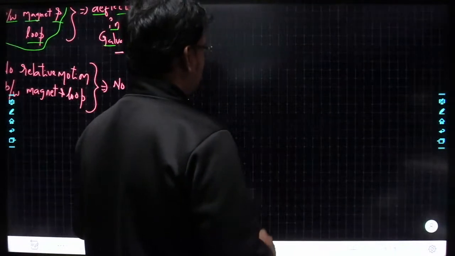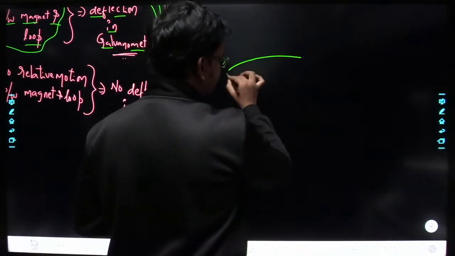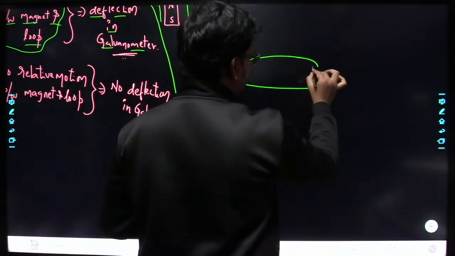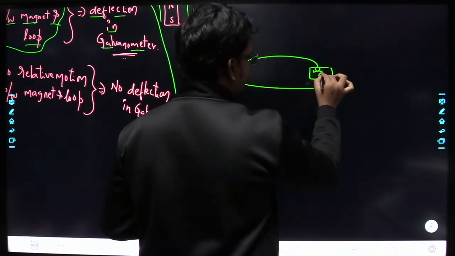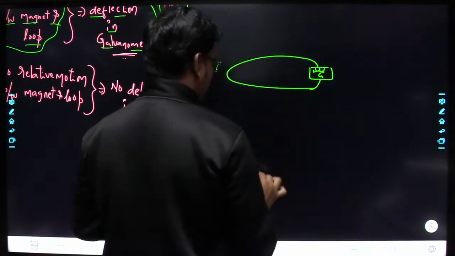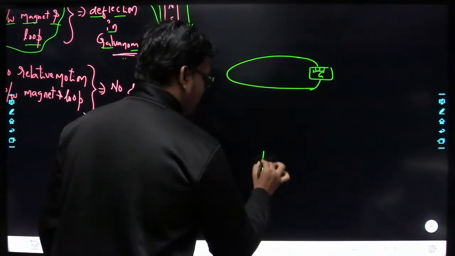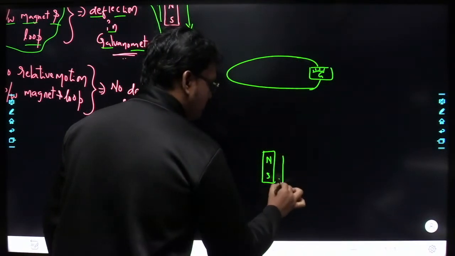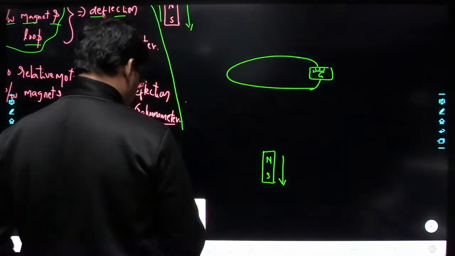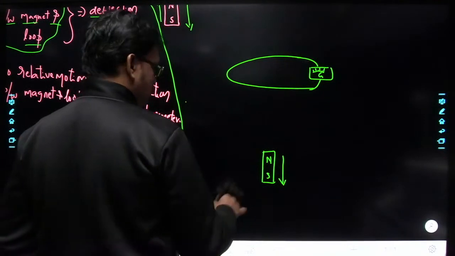So that means, see here, this is the loop and this is the galvanometer, right? So whenever the magnet is moving away from the loop here, what happens to the field lines?